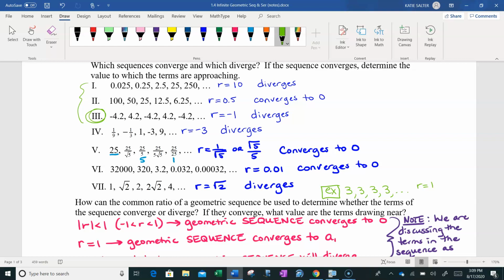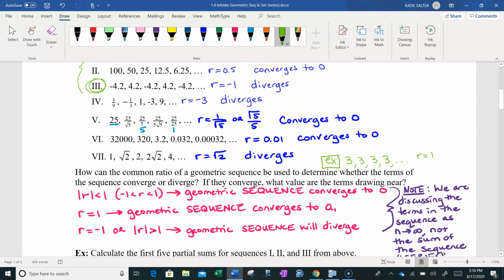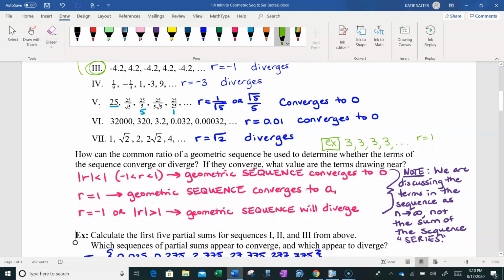After you do the first 5 partial sums for each of those first 3 sequences, I want you to decide, if we actually did this series, do you think that it would appear to converge or diverge? Do you think the actual sums would converge to a specific number? So pause the video, try it, and then start it back.